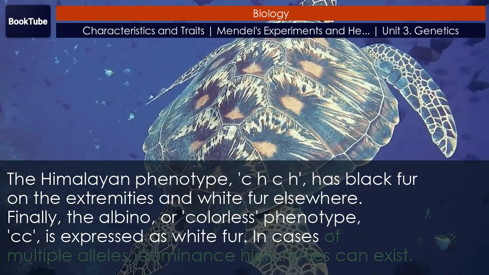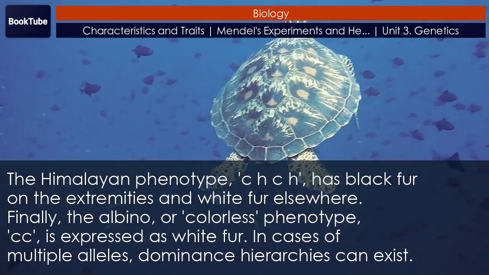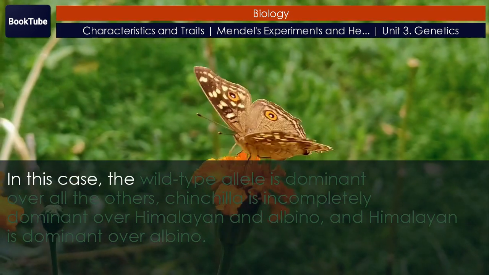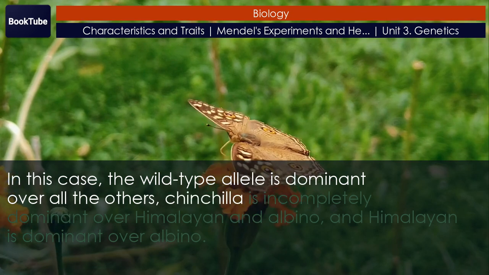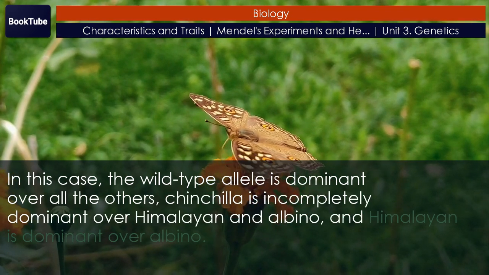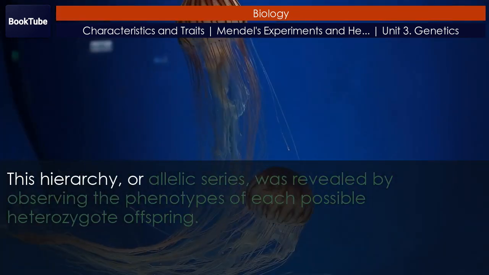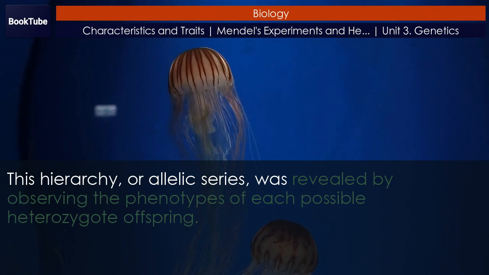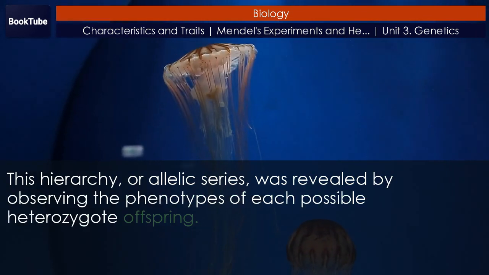In cases of multiple alleles, dominance hierarchies can exist. In this case, the wild-type allele is dominant over all the others. Chinchilla is incompletely dominant over Himalayan and albino, and Himalayan is dominant over albino. This hierarchy, or allelic series, was revealed by observing the phenotypes of each possible heterozygote offspring.